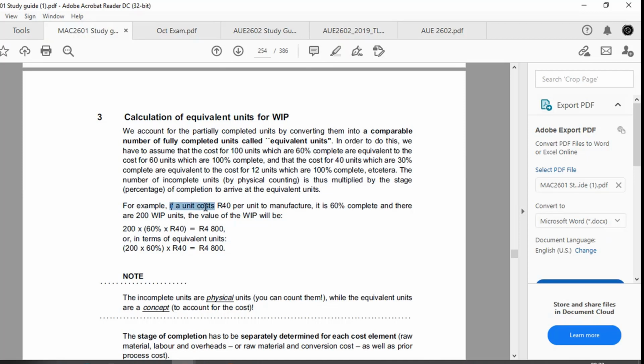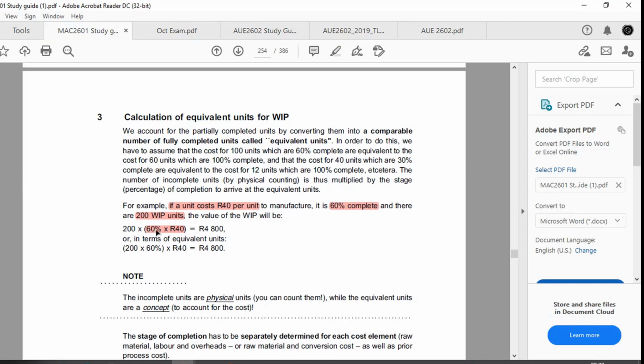So if a unit costs 40 Rand per unit to manufacture, and it is 60% complete, there are 200 units that are in WIP format. The value of the WIP will be as follows. You take 200 units of the WIP and you recognize that part of it is 60% complete.